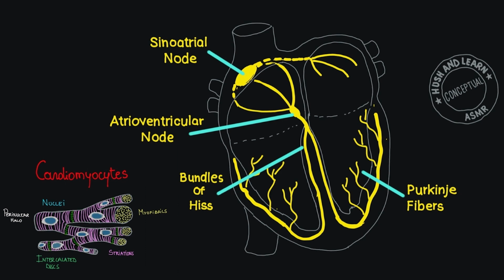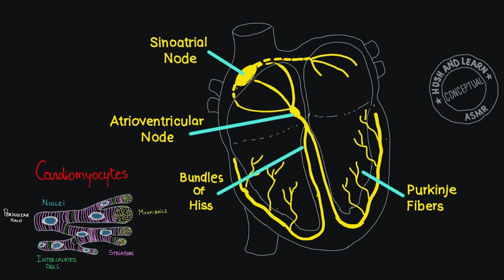It means that the electrical impulse generated by the pacemaker cells will spread to the adjoining normal cardiomyocytes of the right and left atria, and this will trigger the contraction of these normal cardiomyocytes. And then, after that, it will reach the atrioventricular node, where a brief delay facilitates optimal ventricular filling.